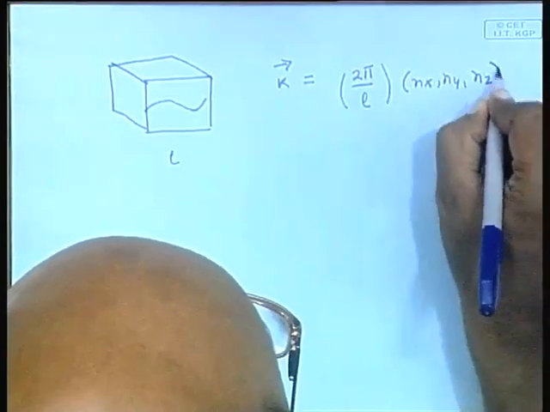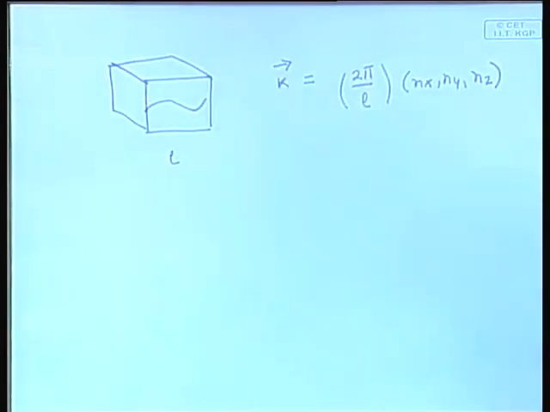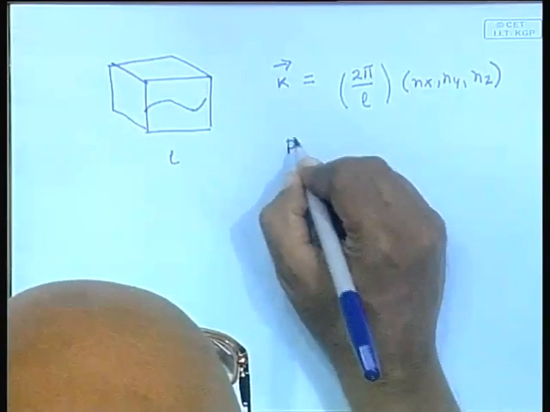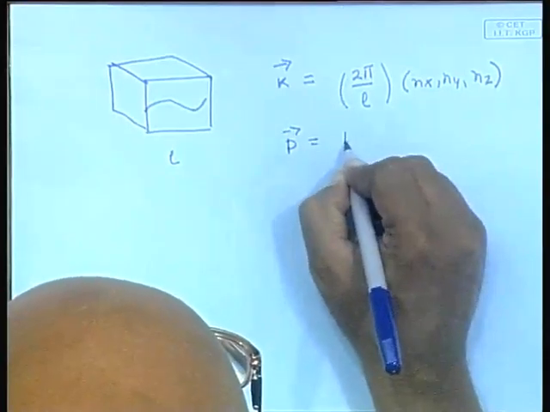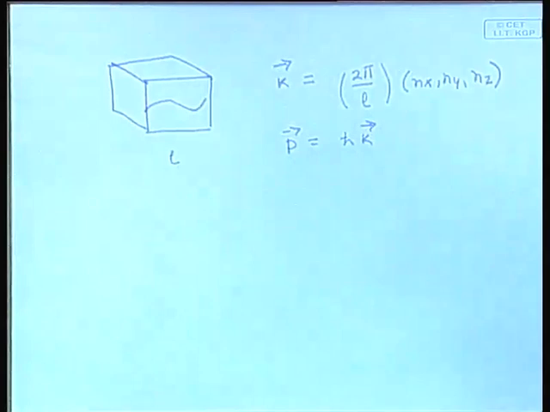These are integers, and each set of integers gives one wave vector k, and corresponding to every wave vector k there is a momentum p, which is h cross k. We have just seen the occupation number of any given mode with a certain value of p, which is given by the expression we were just discussing.